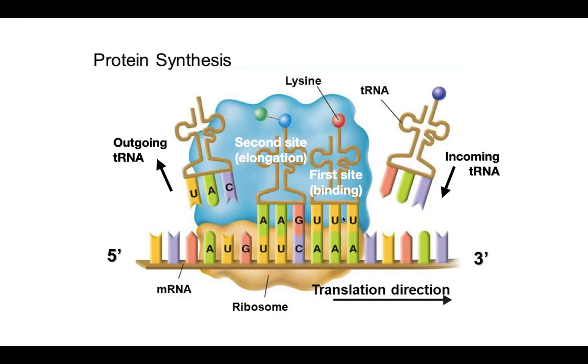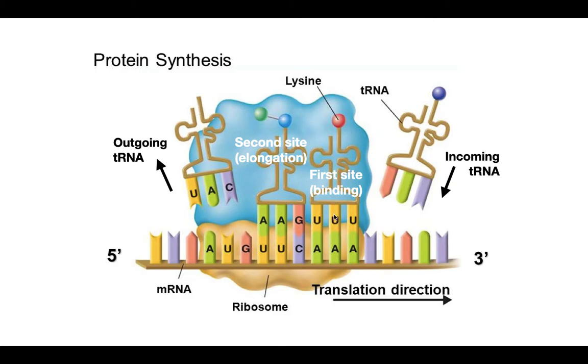Over here, we already have these nice bindings that have happened between a tRNA molecule carrying a particular amino acid, and as this ribosome moves forward along the mRNA, reading it through, the tRNA that has already donated its amino acid is being ejected from the ribosome.